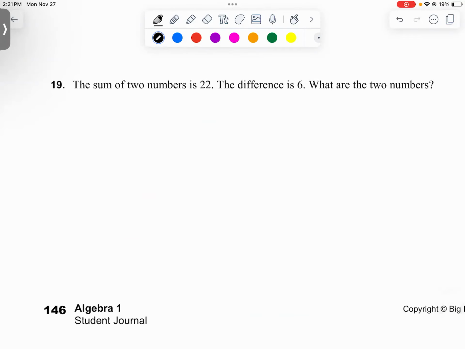Okay. The sum of 2 numbers is 22. The difference is 6. Raise your hand if you know how to set up the first equation. Henry. The sum of 2 numbers is 22.